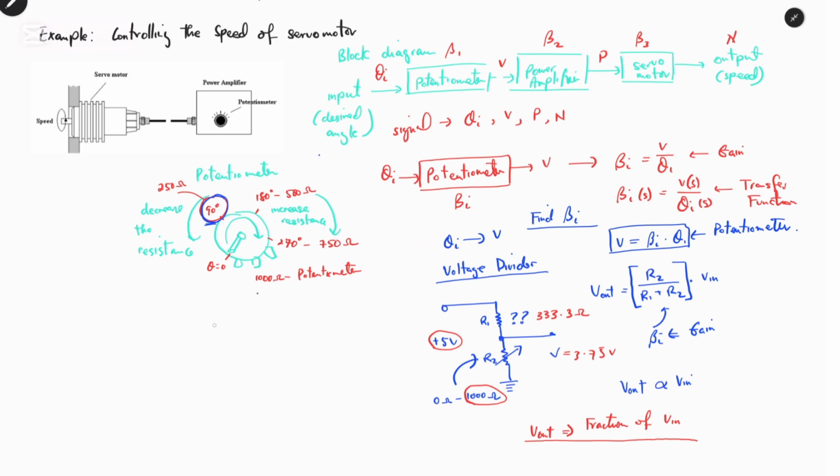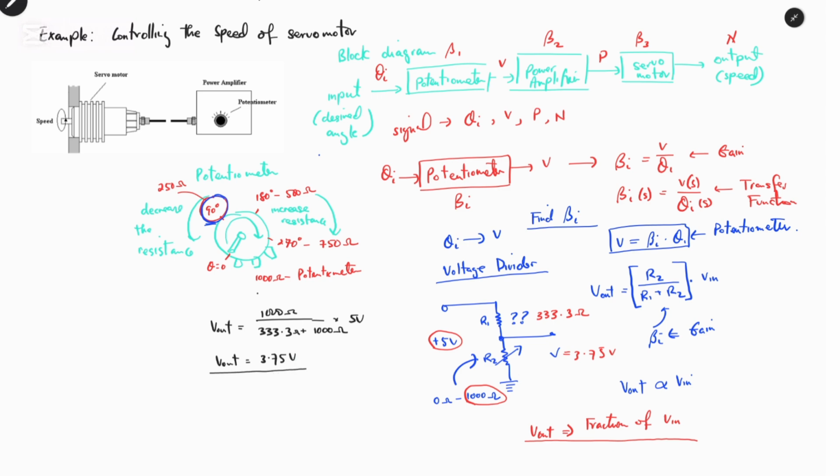And we can substitute the Vout, which is now equal to 1000 ohms over 333.3 plus 1000 ohms times 5 volts. The Vout should be equivalent to 3.75 volts.